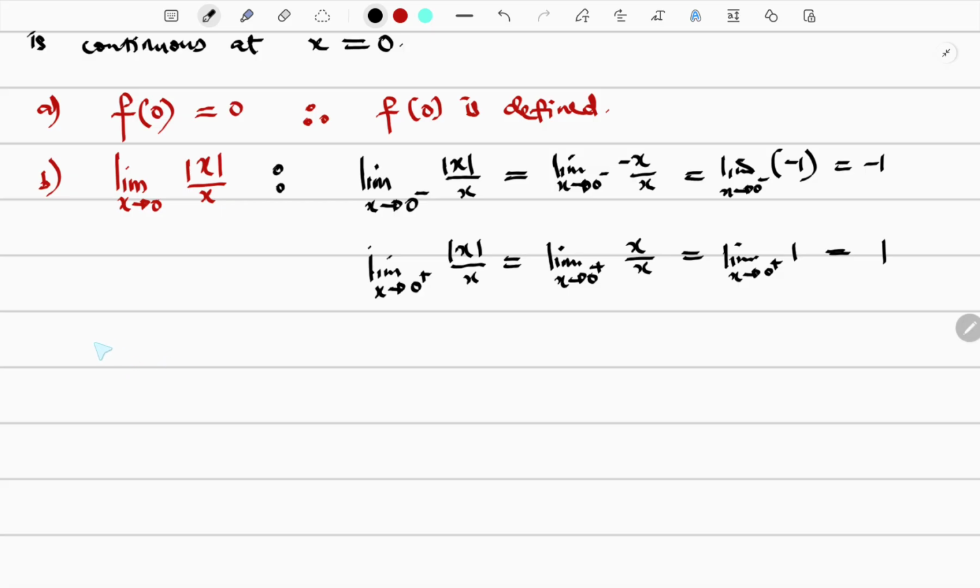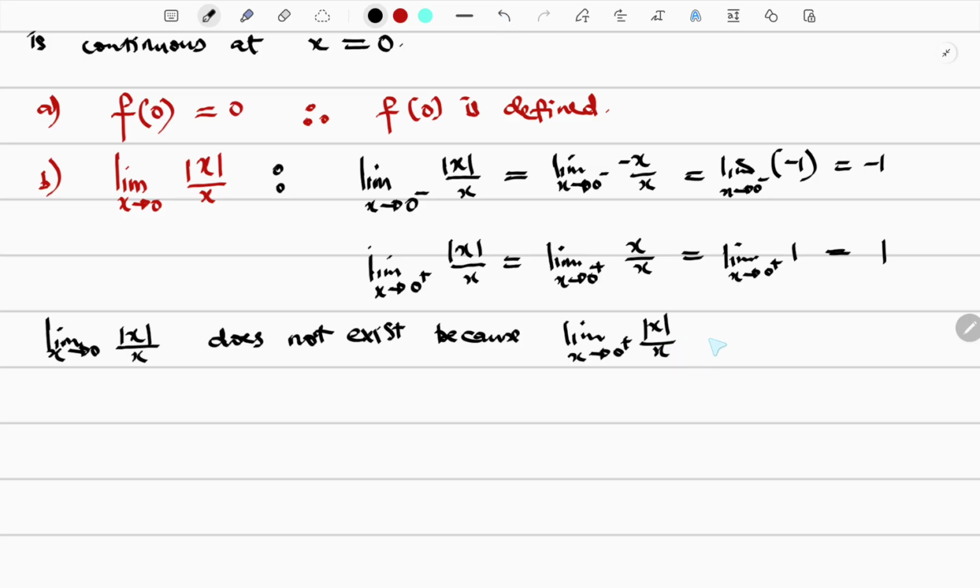So the limit as x approaches 0 of modulus of x over x does not exist, because the limit from the positive is not equal to the limit from the negative. Hence, the limit does not exist there.